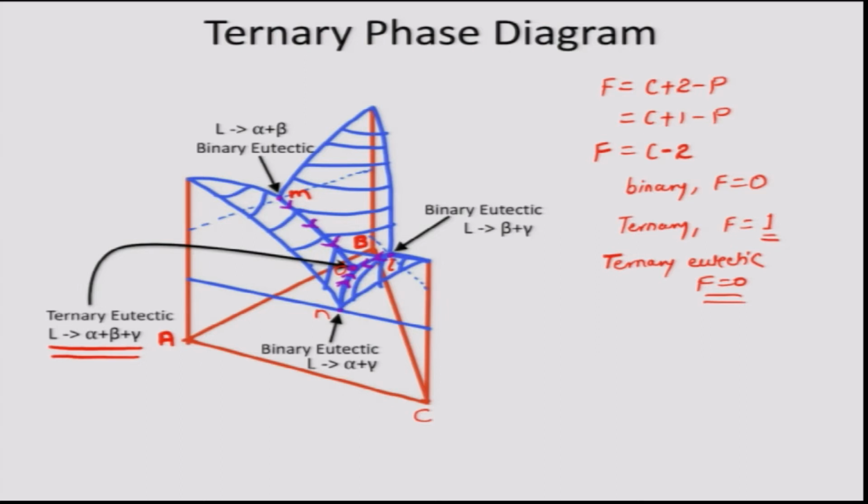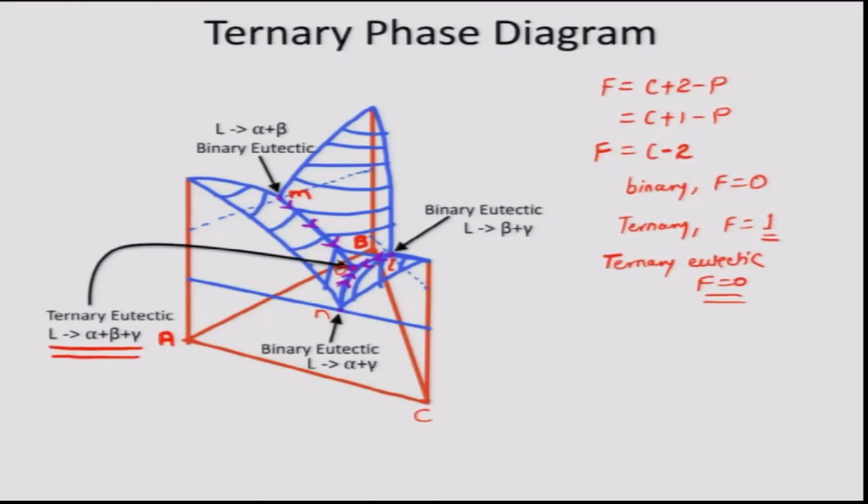Now, this is a very simple case where we considered all 3 binaries to be simple eutectics, but there may be a number of intermediate phases forming in each of the binary systems. Also, there may be some ternary phases forming, and hence the ternary phase diagrams may become very complicated.